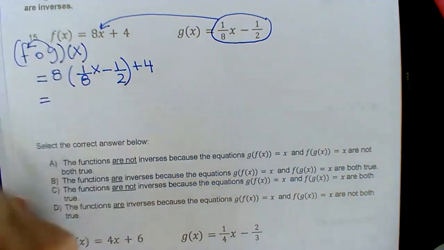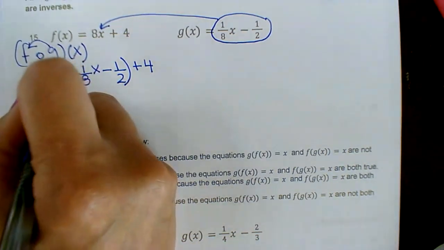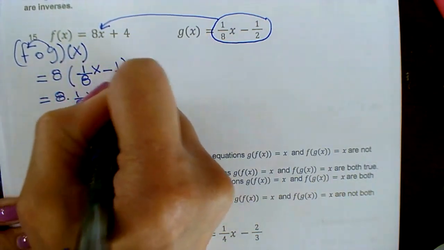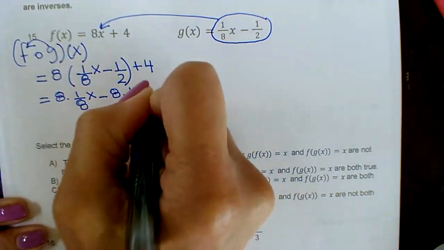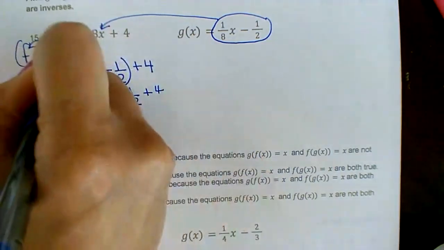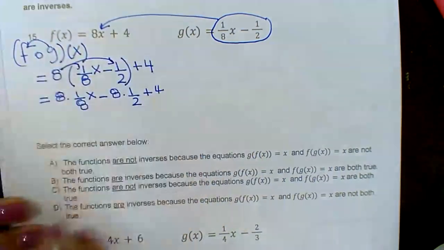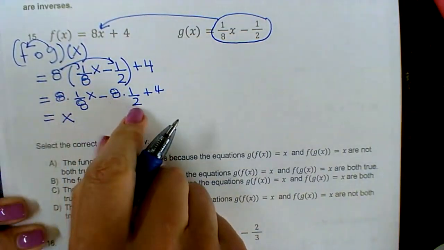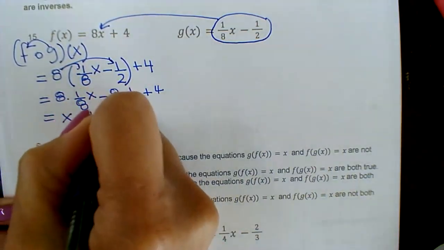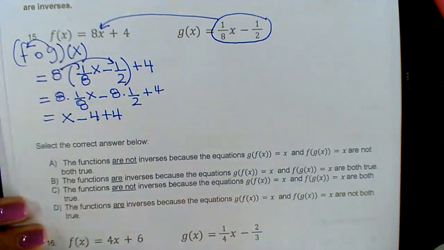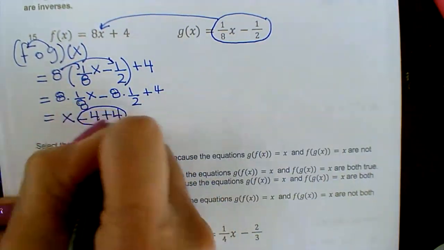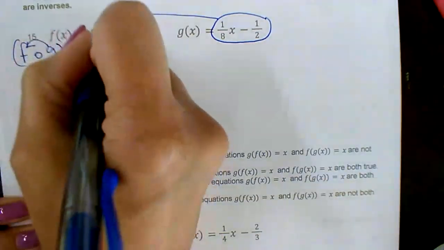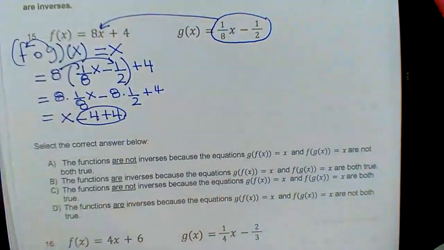Now if I distribute the 8 times 1 over 8x minus 8 times 1 over 2 plus 4. I'm just distributing the 8. So we have an x here. 8 divided by 2 is going to be 4 plus 4. This makes a 0. So it's going to be equal to x. We got that one.